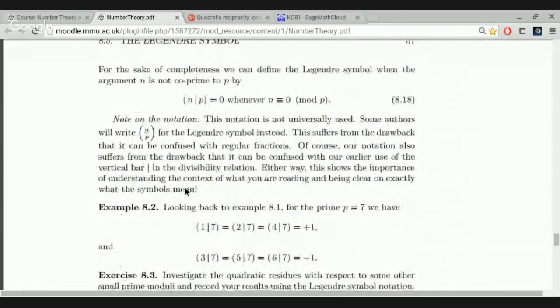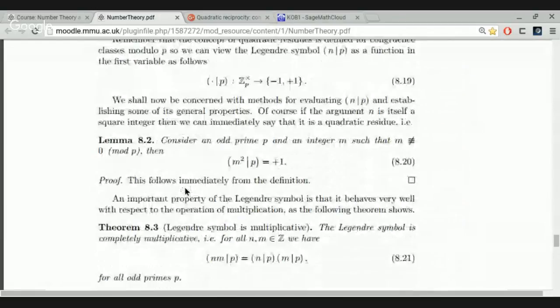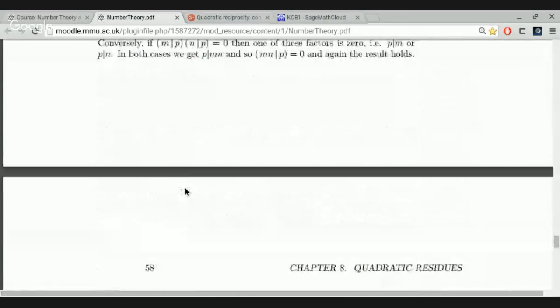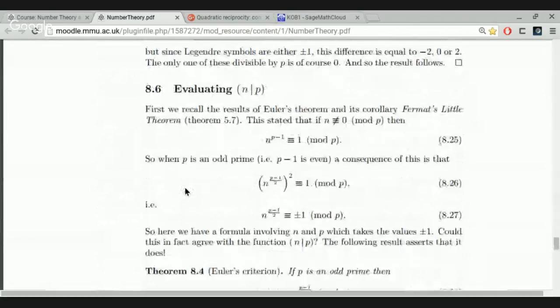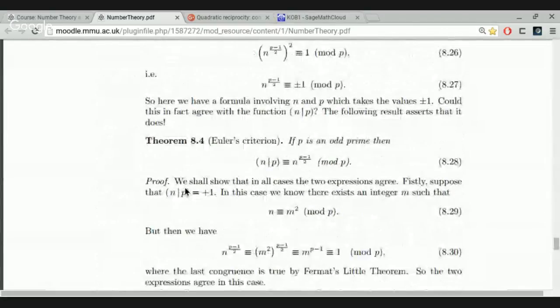Our first major result about this was Euler's criterion. Which gave us a nice way to relate the value of the Legendre symbol, +1 for a residue, -1 for a non-residue, to saying that it's congruent to this power of n.